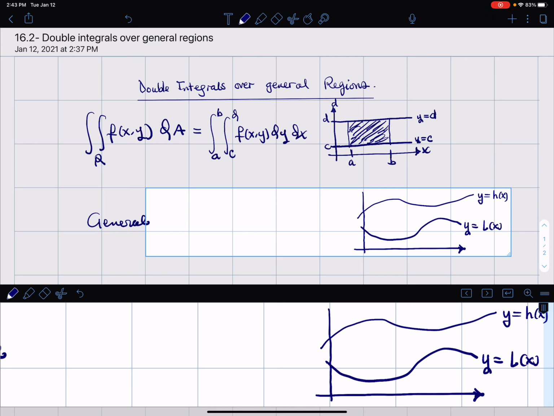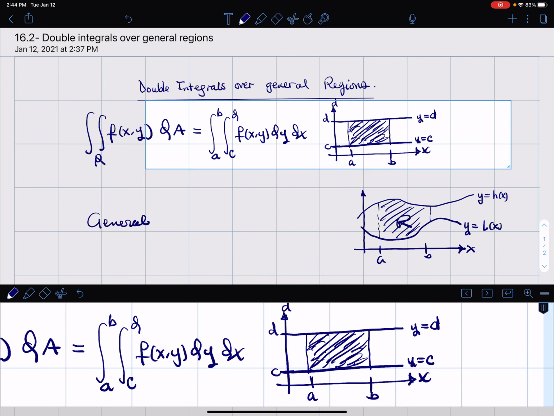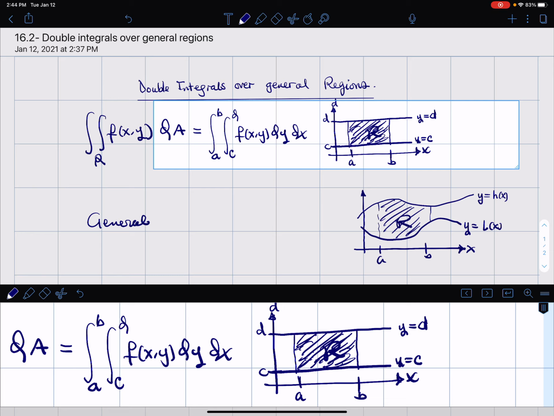But on the x-axis, we're still going from A to B. So we're looking at a region that's no longer a rectangle, a general region. So this is your R here.